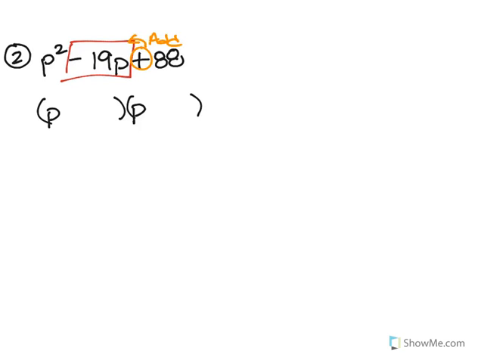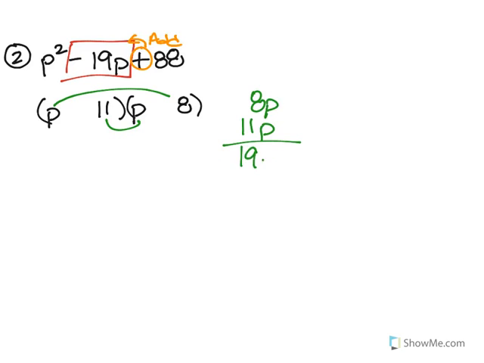And with factors of 88, we're going to use 8 and 11. And we're going to check our outside, inside. My outside is 8p, my inside is 11p. And if I add them together, that makes 19p.